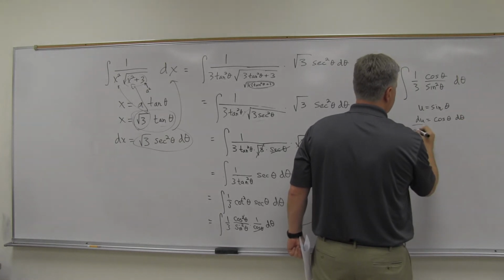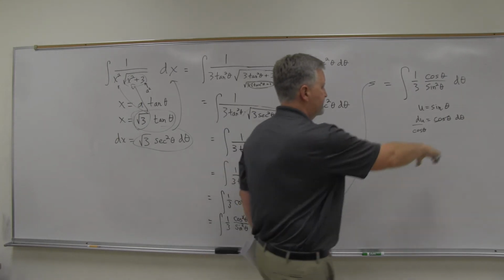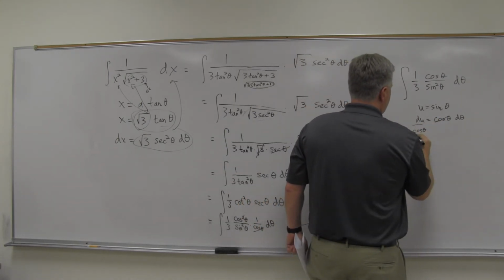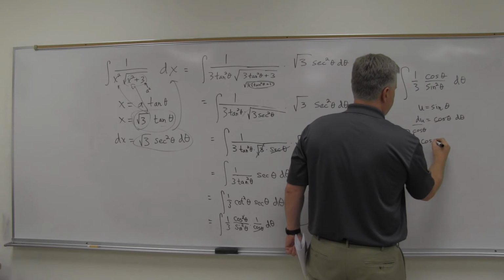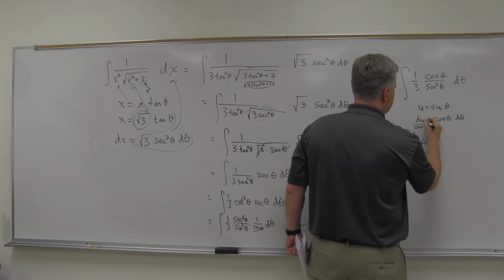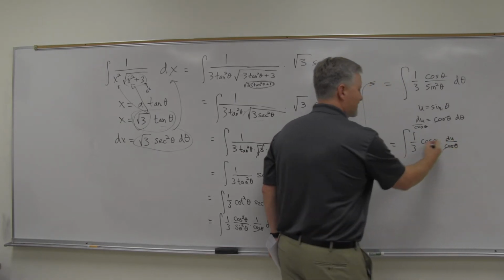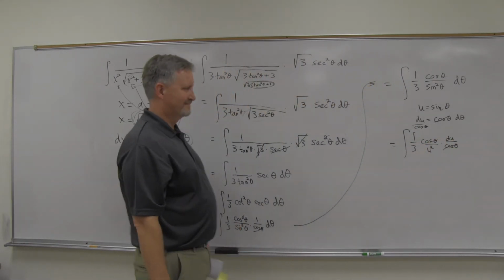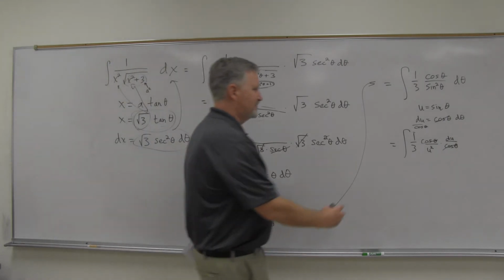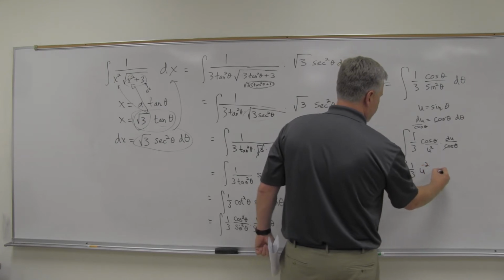And so the way I do it is go ahead and solve that for d theta. So we have 1/3 cosine theta over u squared, and then du over cosine theta is my d theta. It's going to work, isn't it? It's just 1/3 times u to the minus 2 du.